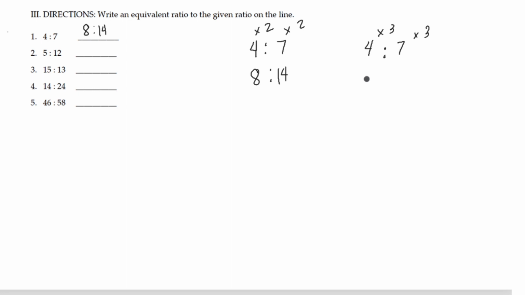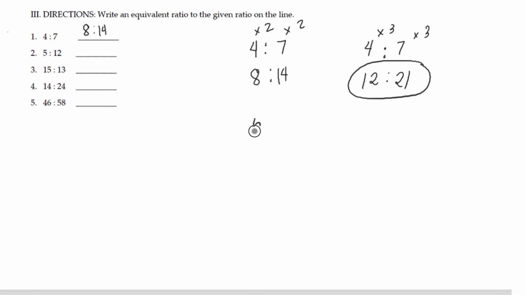So, we have 4 times 3 is 12, and 7 times 3 is 21. Pwede namang ito yung isagot ninyo, kasi equivalent din siya ng 4:7. So, it's up to you kung anong gusto ninyong gamitin sa dalawa. Pero, kasi ako, gusto kong gamitin yung 2 para mas mabilis mag-solve. So, yun na lang yung ginamit natin.